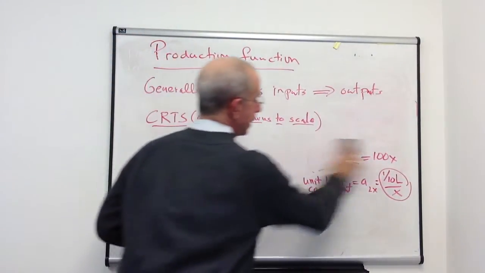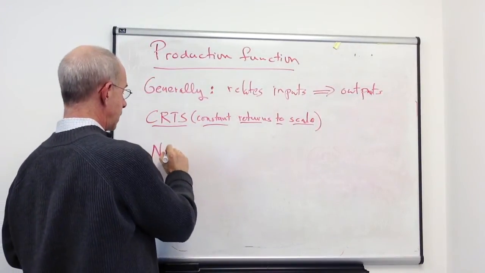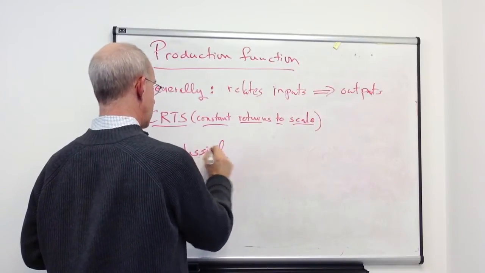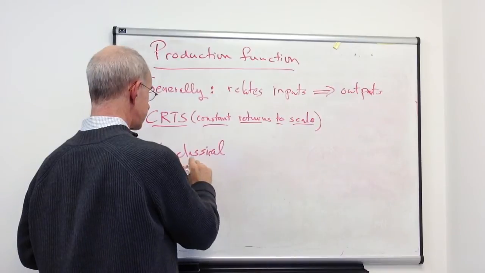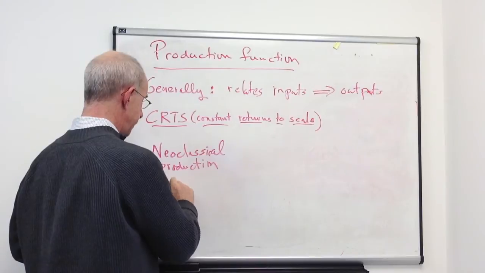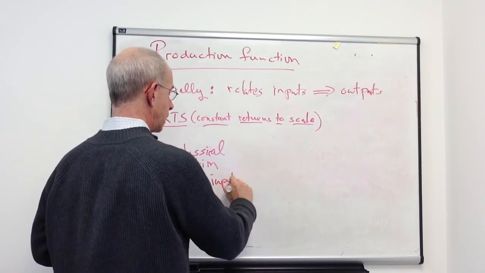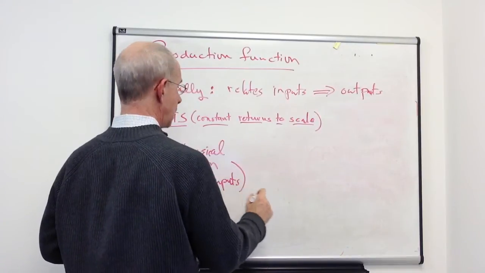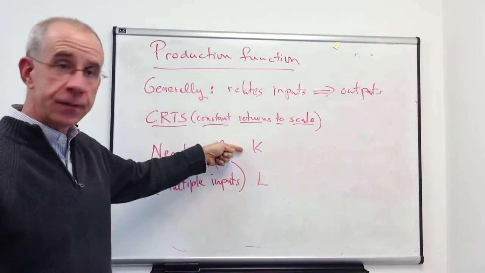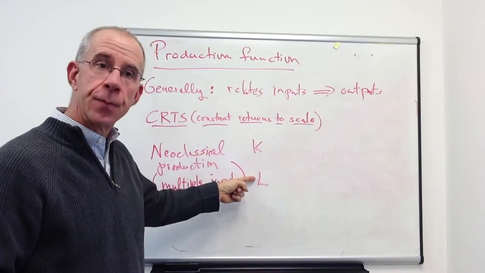Now, the other example that we're going to use more frequently is the so-called neoclassical production function, which typically has multiple inputs, not just labor, but let's say capital, the amount of machinery or physical capital, and the number of workers.